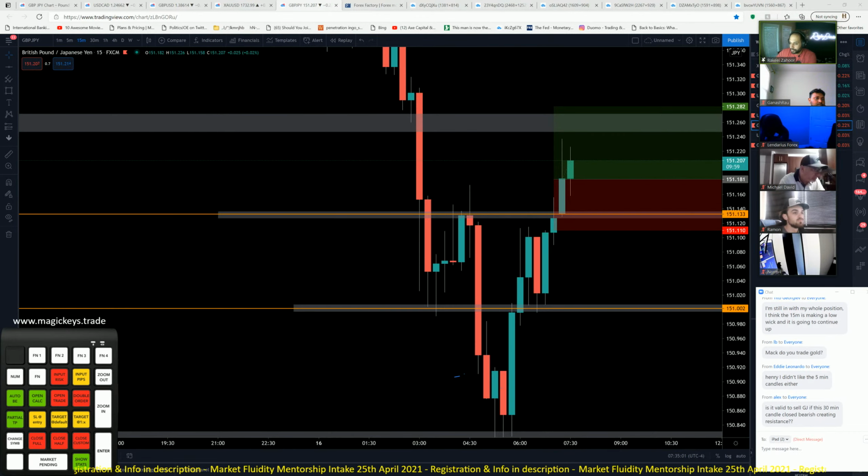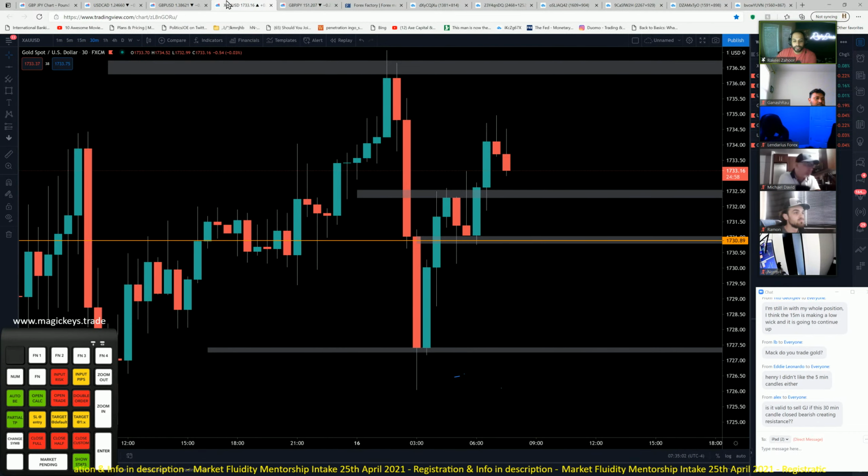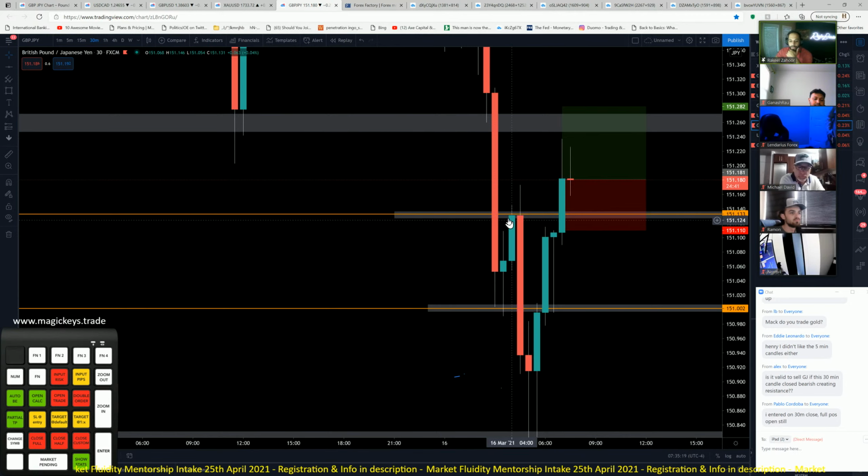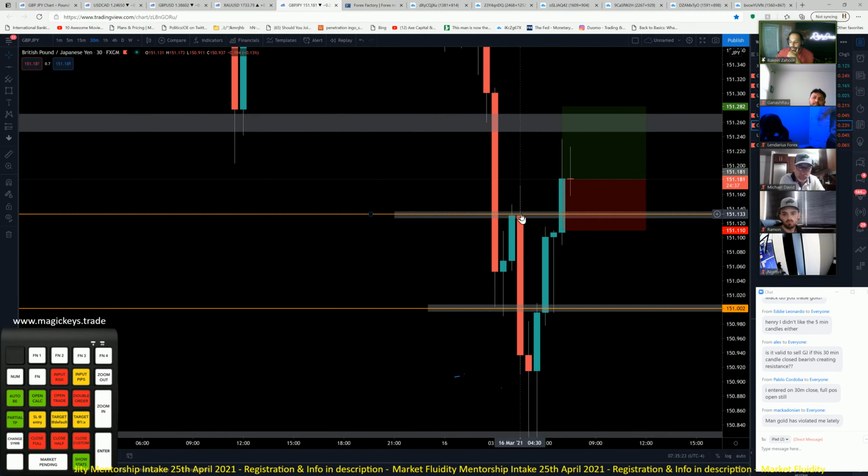Look at gold. What's gold doing? Is it valid to sell GJ if this 30-minute candle closed bearish, creating resistance? Let's take a look over here. If this 30-minute candle closes bearish, the only problem is that we have this resistance over here, which is going to turn into possible support.